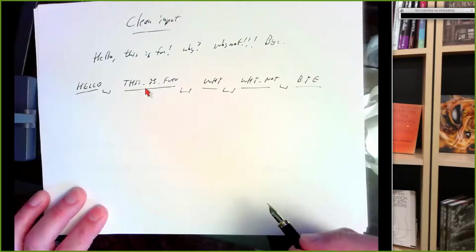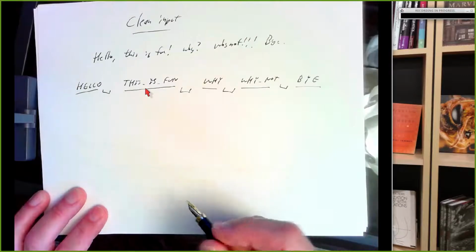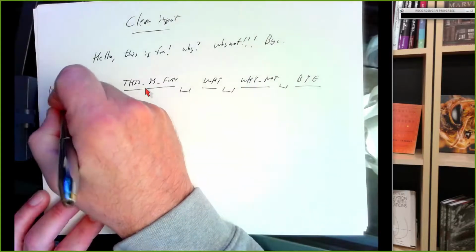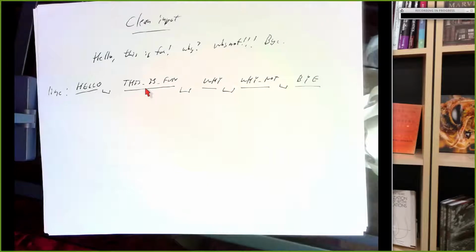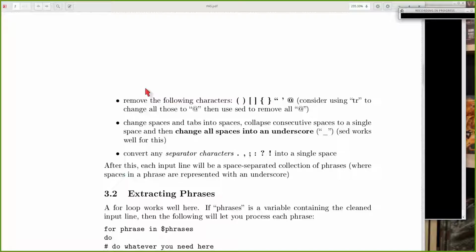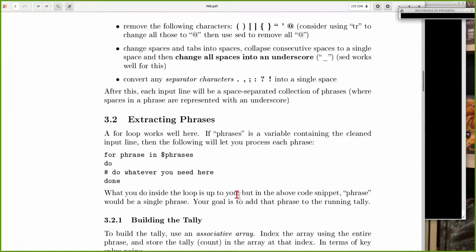So now I'm going to have an input line that looks like 5 things separated by spaces, and each of these things is a phrase. And that's a really good setup for extracting phrases from our input line.